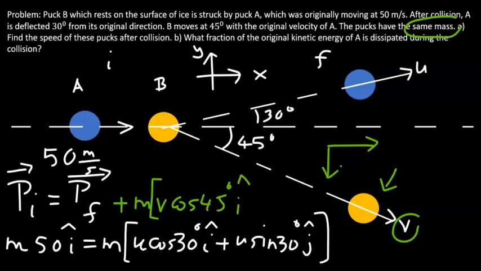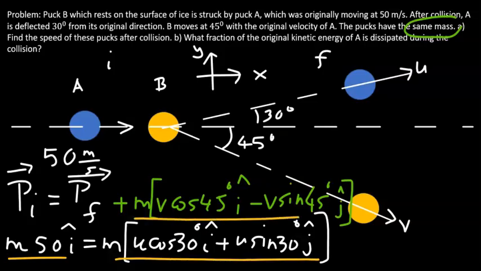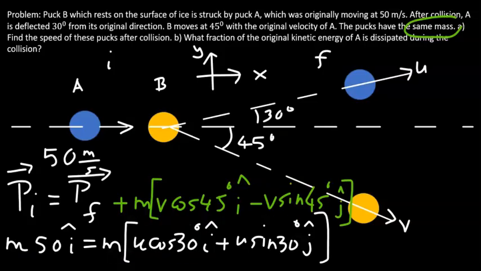The y component is minus v sine 45 degrees j hat. We note that this minus sign is due to the fact that the y component of B's velocity after collision is heading downward. So there we have it. The initial momentum of the system equals the final momentum of the system. We note both sides have m, so they go away.